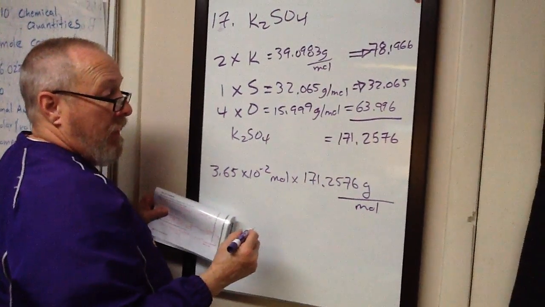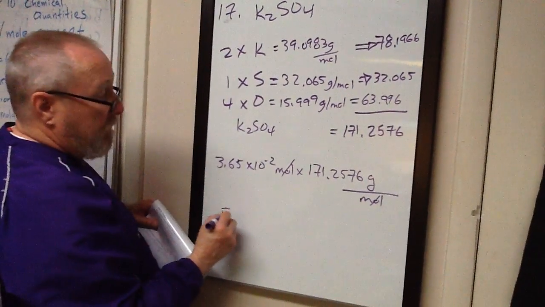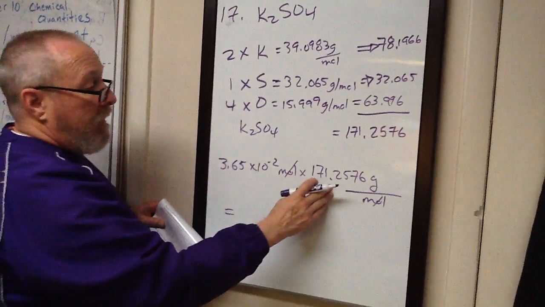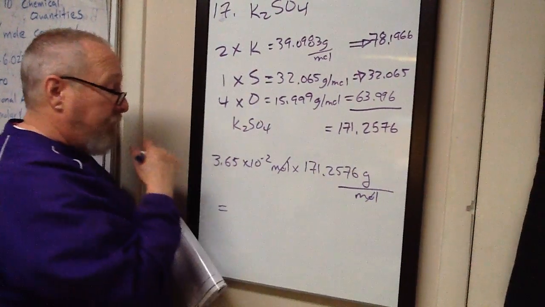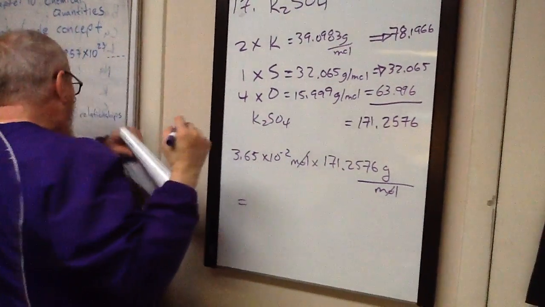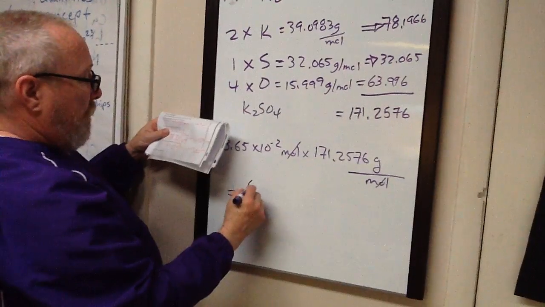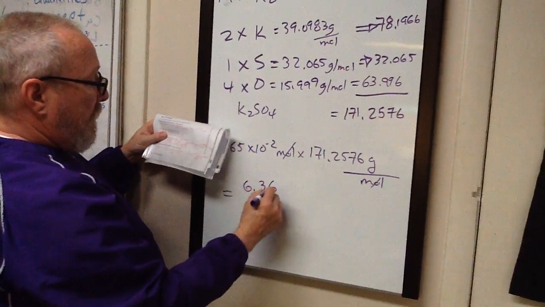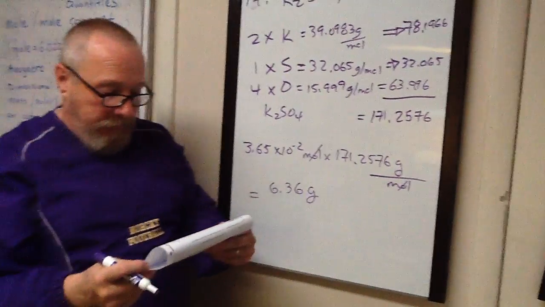Okay? And so my moles cancel, and I'm left with grams. And if I multiply 171.2576 grams by 0.0365, I will get an answer of 6.36 grams.